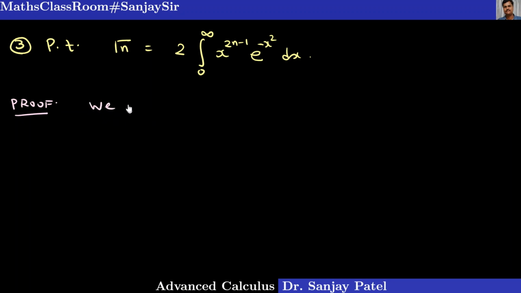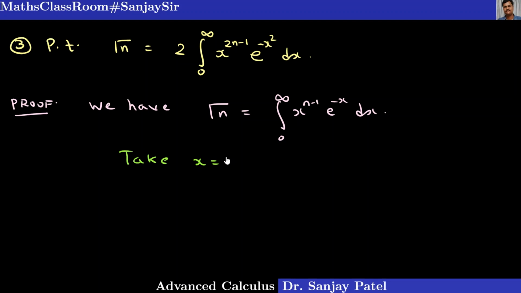We start with this. We have gamma n is equal to the integral from 0 to infinity of x raised to n minus 1 e raised to minus x dx. In this definite integral, I would like to take a substitution. Let us take the substitution x is equal to t square, because I want here 2n. So if I put x equal to t square, I will get 2n minus 2, so that can be adjusted later on.